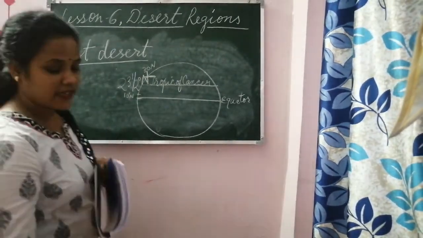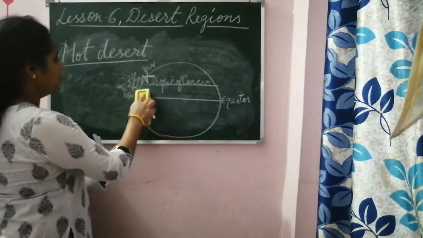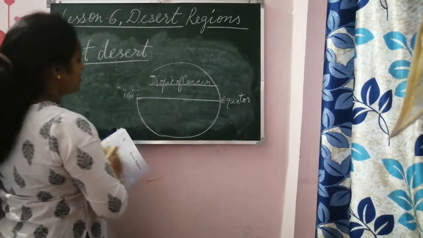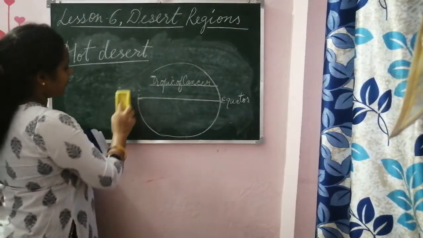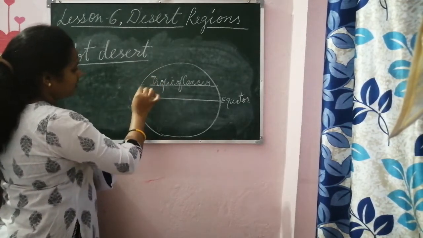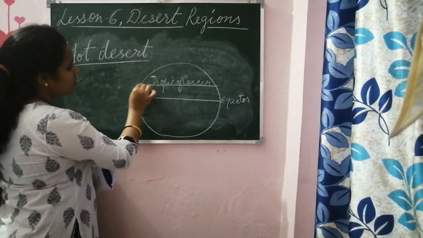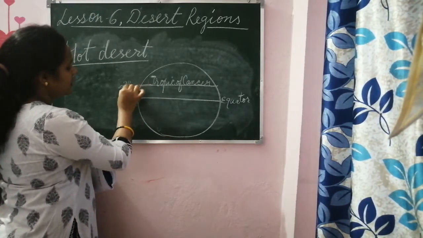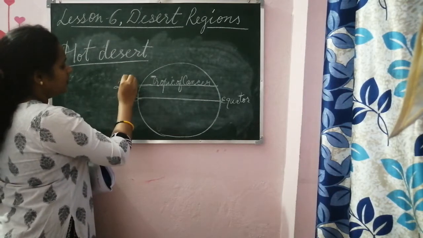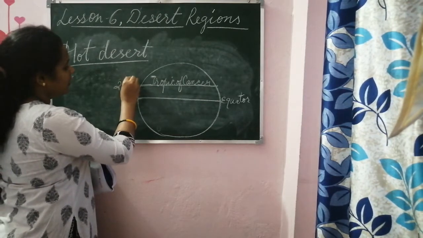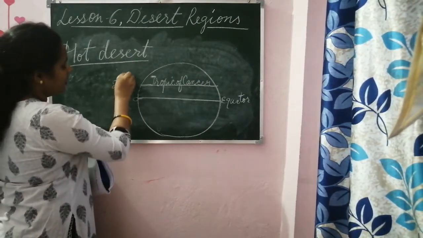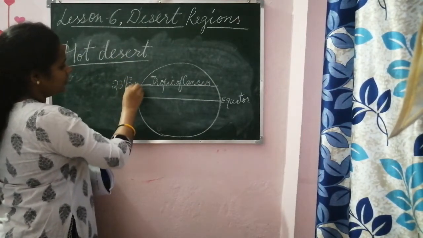Clear? Once again I will write it clearly for you. What is the equator? 0 degrees. And this is 23 and a half degrees north.